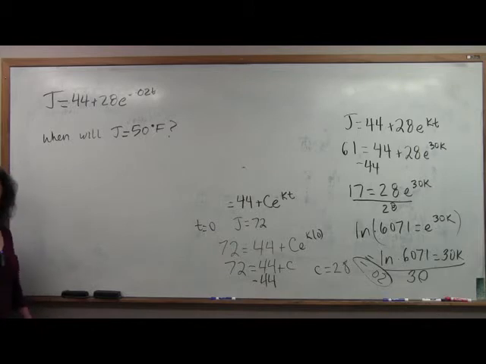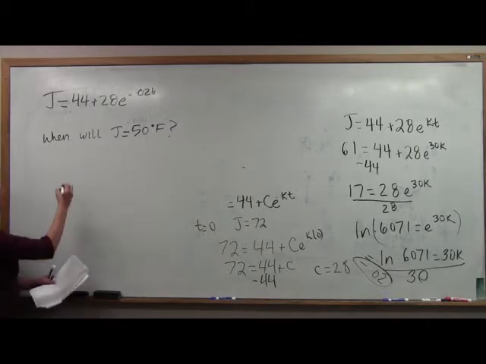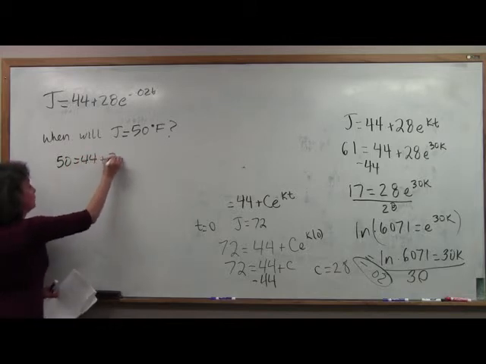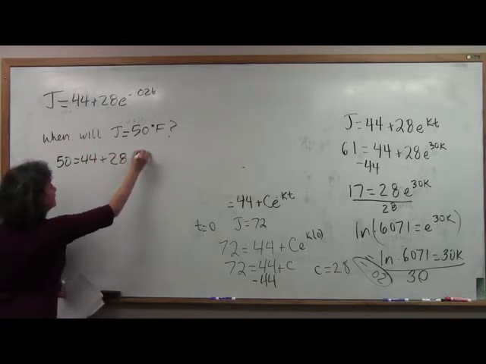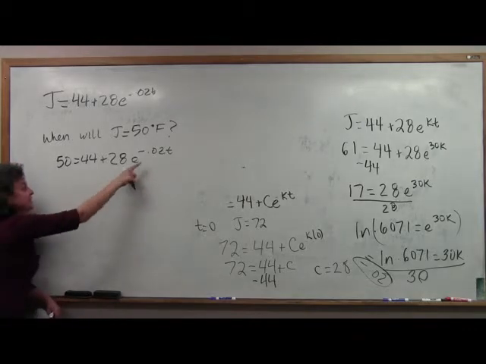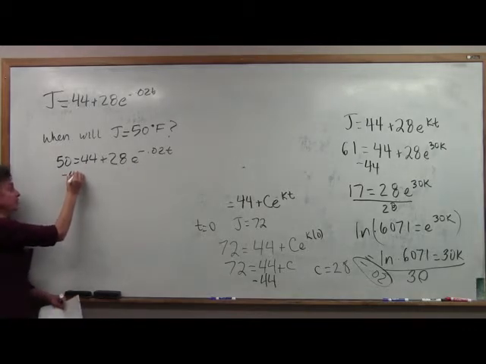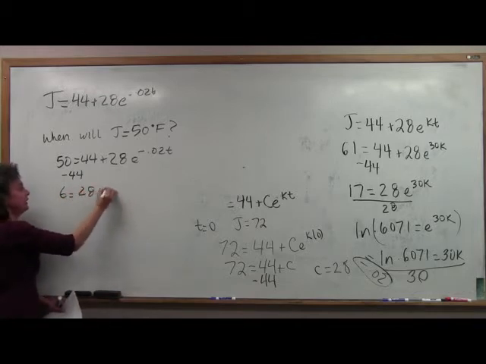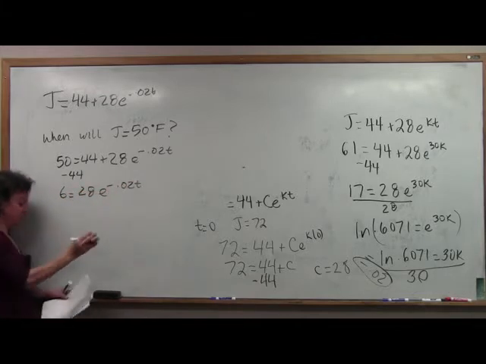And again, this is just solving another exponential. We have 50 is 44 plus 28 e to the negative 0.02t. To solve for t, first subtract 44 from both sides. So we get 6 is 28 e to the negative 0.02t.